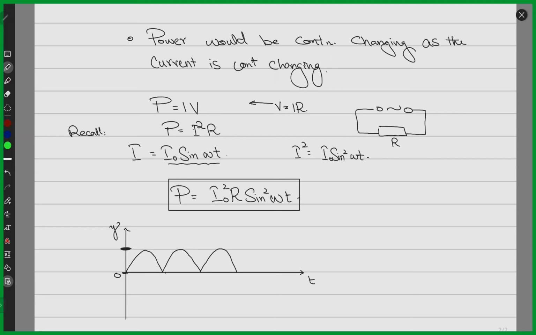Suppose this is V, or you can say that this is I, for example, I or V, right? It's a sinusoidal function. Then this will be I naught. What will be the average value of this graph? Before you tell me that, can you tell me what would be the average value of a simple sine graph?